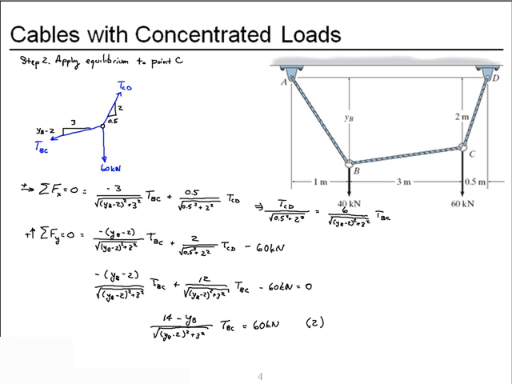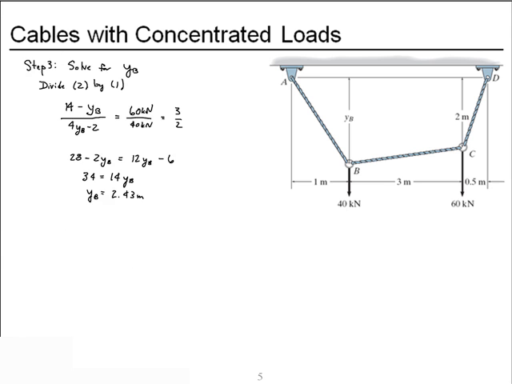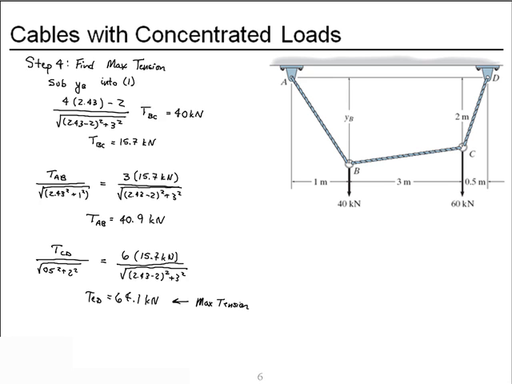So we had labeled those equations 1 and 2, and we divided equation 2 by equation 1, solved it for the sag at B. We then substituted that sag value into equation 1 to get the tension in segment BC. We then used a previous relationship to get the tension in AB and the tension in CD given the tension in BC values, evaluated or looked at the three of them, found the maximum tension, and it's in segment CD. Well done.